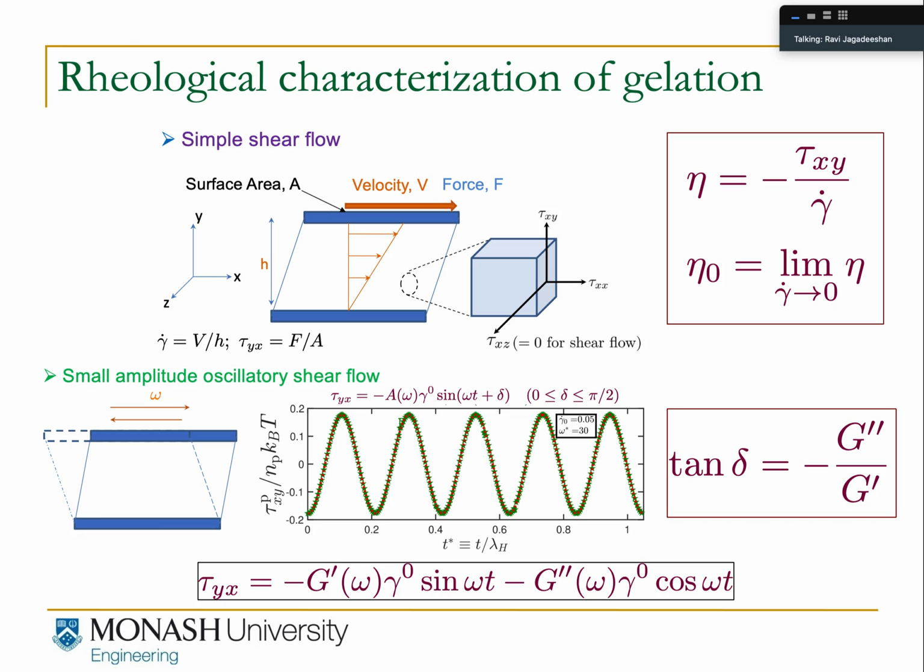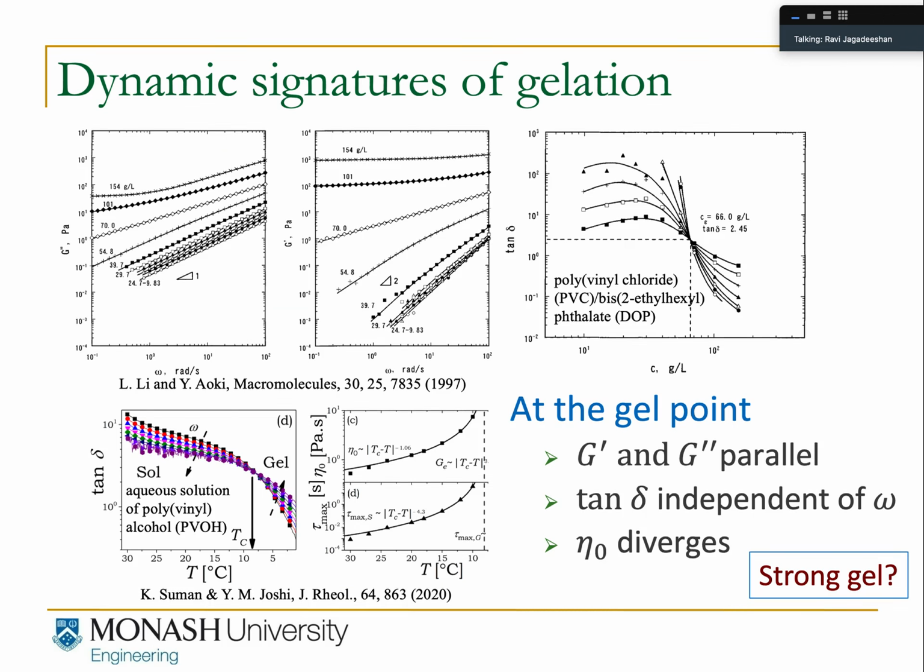Typically, what is observed is what we think is the so-called strong gel behavior, where the storage and loss modulus G prime and G double prime, rather than intersecting at some typical frequency, actually become parallel to each other across a range of frequencies.